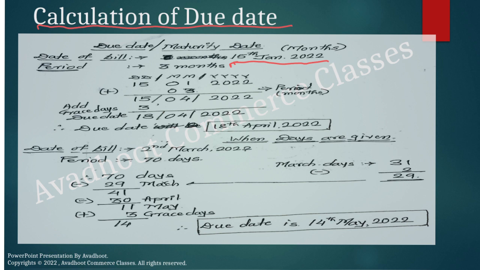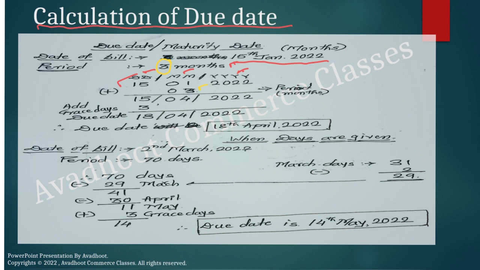It is to be written, as you know very well, DD MM year. What is our date? That is 15th January 2022. How many months do we have to consider? We have to consider 3 months here.